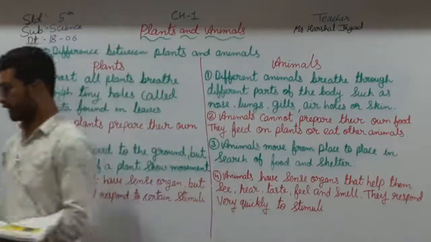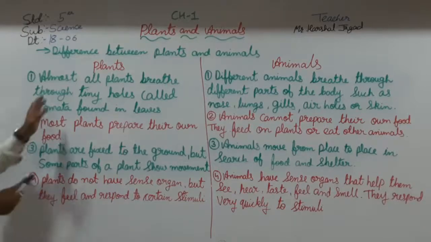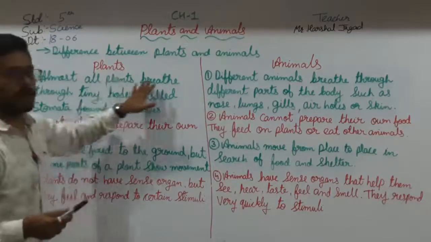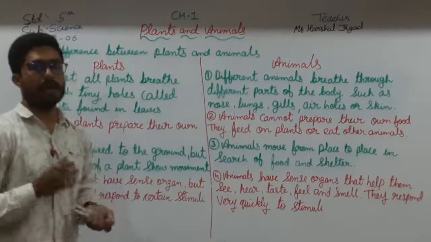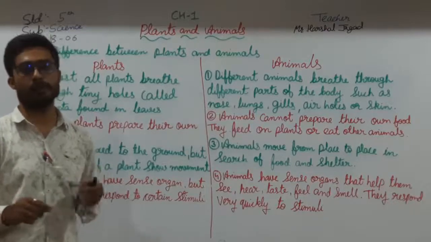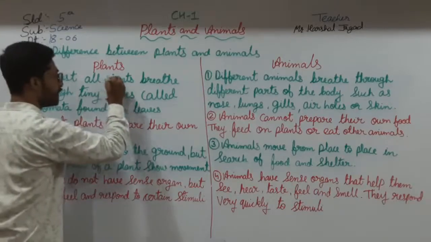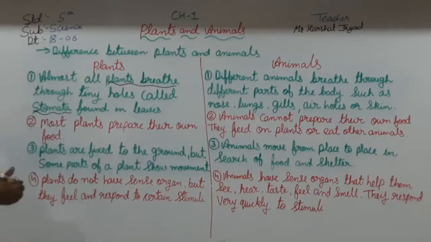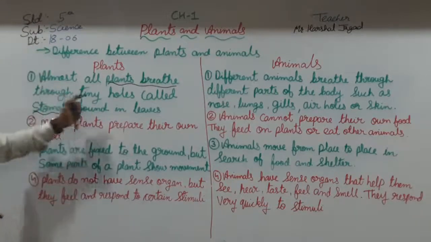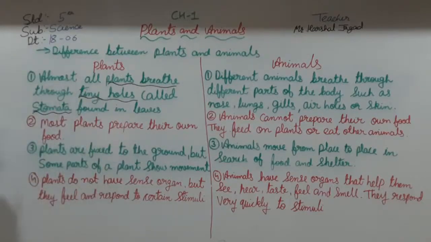See here, now let us see these 4 points. Okay, so the first point here, it is what? Plants. Almost all plants breathe through tiny holes called stomata. Here, I am just underlining some of the main points. Okay, so here I can say plants breathe through tiny holes, and these tiny holes are known as the stomata.